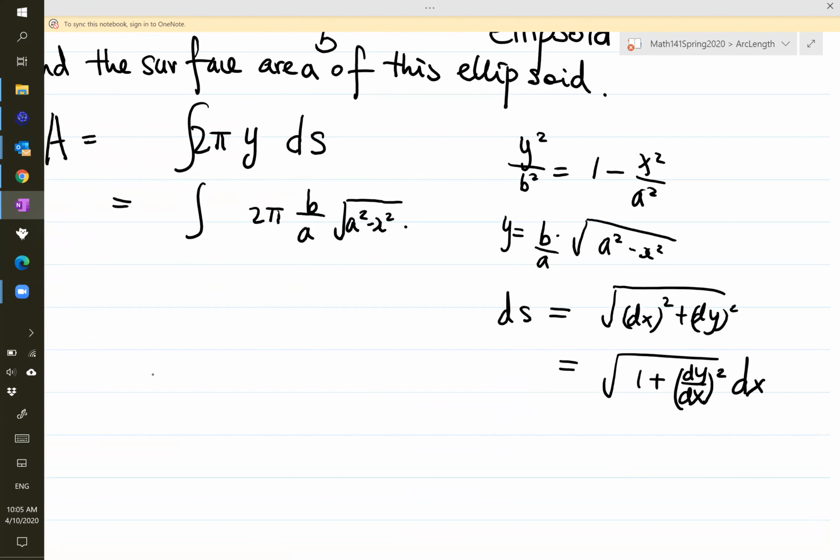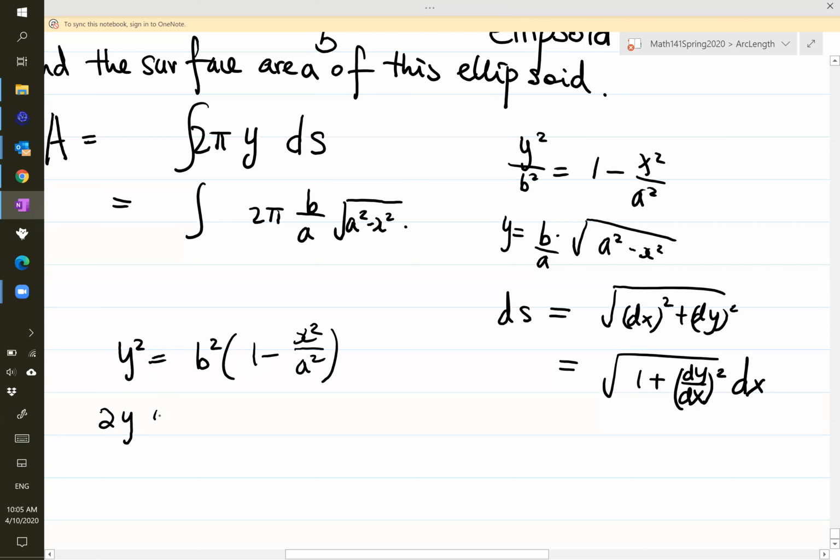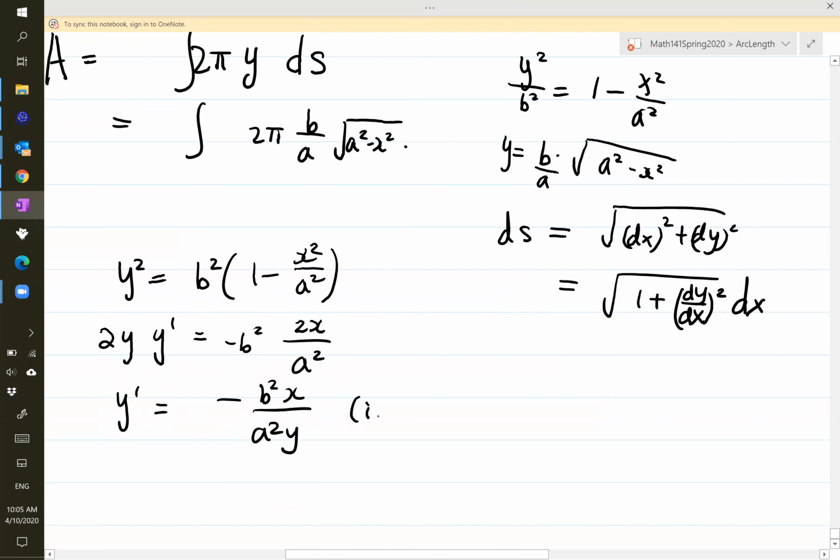We again use implicit differentiation. So y squared is b squared times one minus x squared over a squared. If you differentiate it, you get 2y y prime equals b squared times negative 2x over a squared. So you get y prime, which is negative b squared x over a squared y. Implicit differentiation.